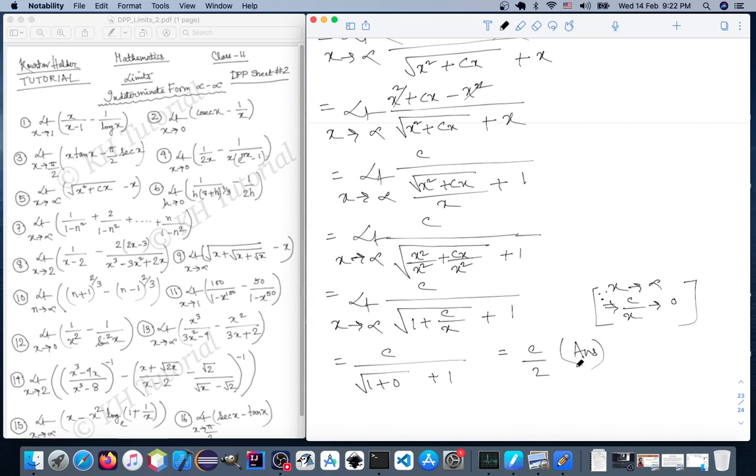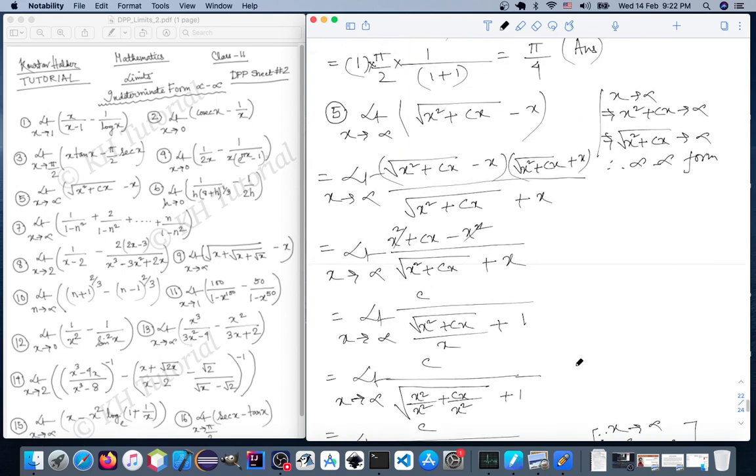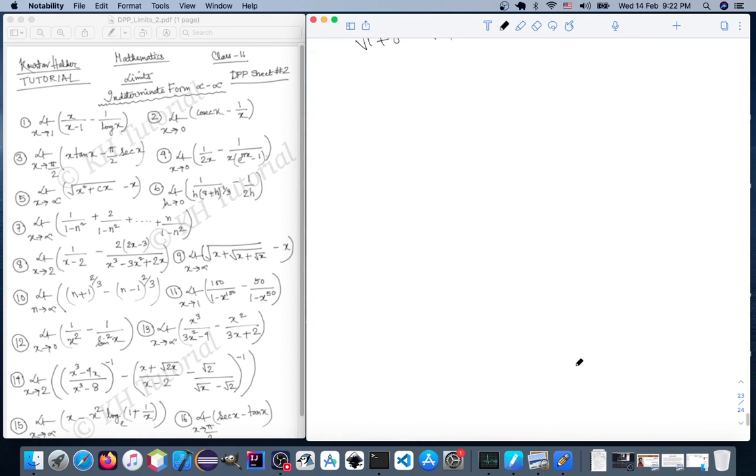Let's see the next question. This was 5. Okay. Let's see question number 6. It says limit h tends to 0, 1 by h times 8 plus h to the power 1 by 3 minus 1 by 2h.